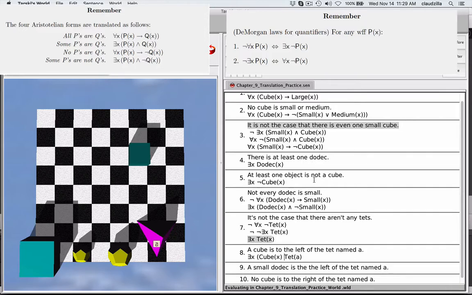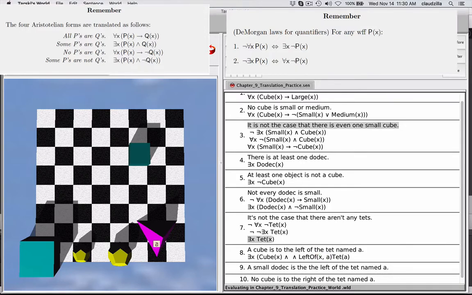We've already got our tet A. We know that our standard translation for the existential is the conjunction, right? So there is something, that thing is a cube, and that thing is to the left of the tet named A.